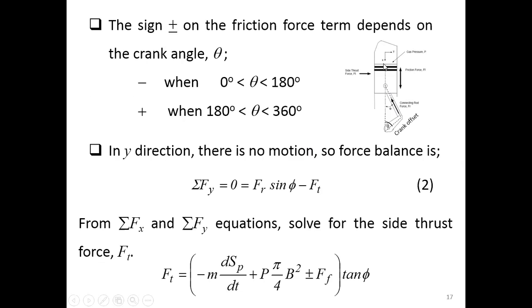So x is dynamic, but y is static. So the force balance becomes: the summation of the forces in the y direction is 0. It equals the component of the connecting rod force in the y direction minus the side thrust force here.